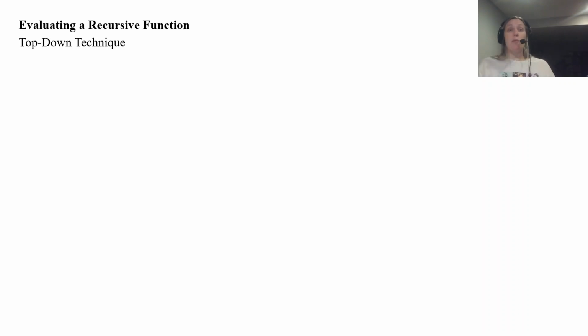So evaluating a recursive function, the steps we are going to take to evaluate a recursive function. There's technically two techniques. There's bottom up and top down. The bottom up technique is what we did with piecewise functions, where we evaluated what we call a base case.